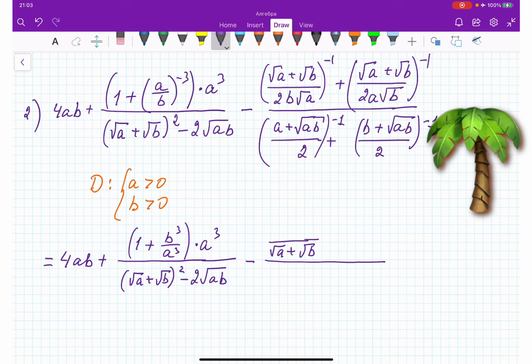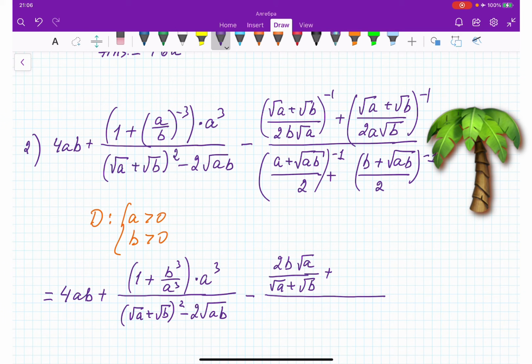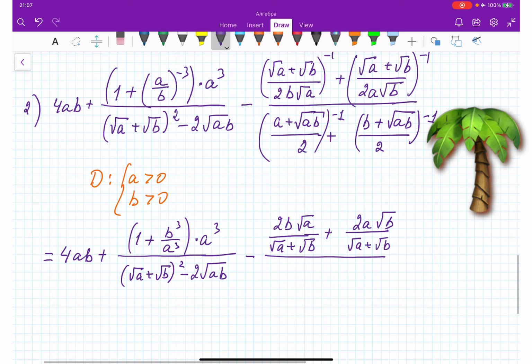In numerator I will have 2b square root a, and plus here we have square root a plus square root b, and in numerator we will have 2a square root b, right? And in denominator we are going to have 2, again we are flipping because we have -1, right?